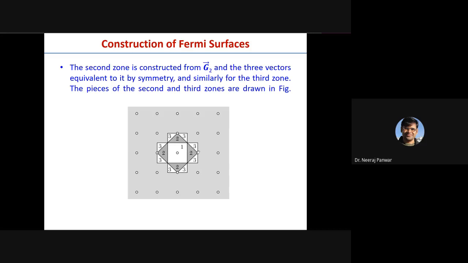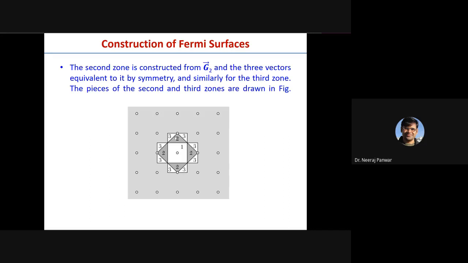So if we translate this portion with the help of a suitable translation vector, this isosceles triangle would be shifted here. If we translate it, this portion would go here. If we translate it, it will come here. And if we translate it, it will come here.